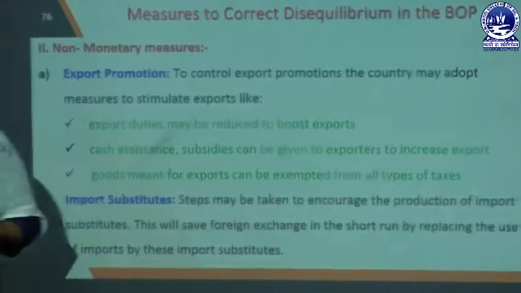As we know, the balance of payment is the statement of all the economic transactions of a country, such as exports and imports of goods. The balance of payment may be in surplus or deficit.